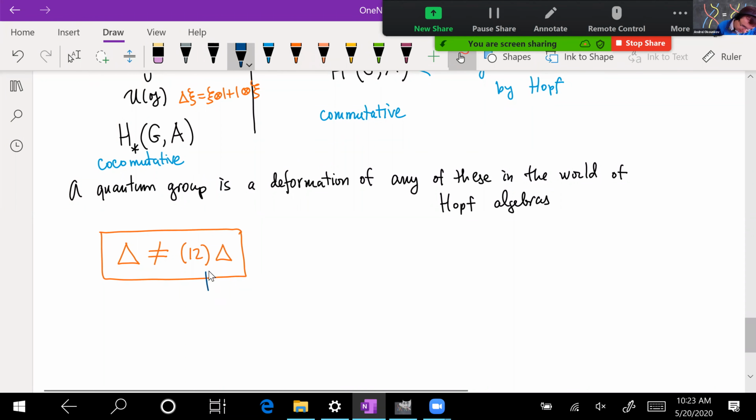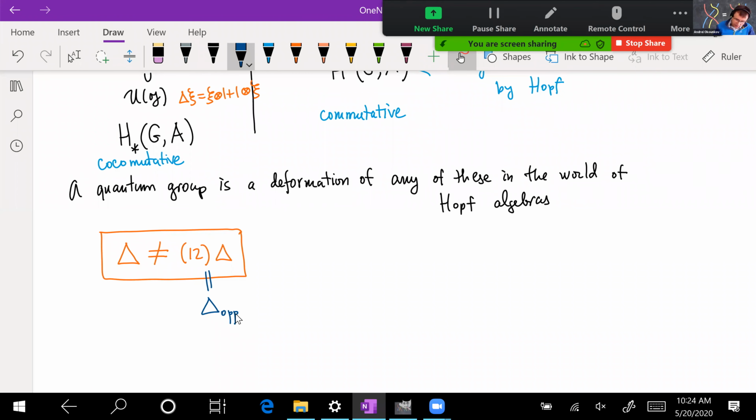This is called the opposite. So what we would like to achieve is that the co-product is no longer co-commutative, but not too non-commutative.